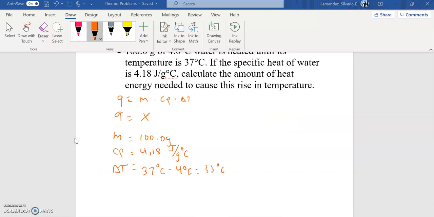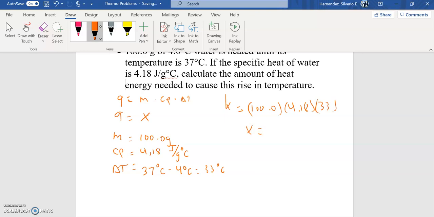Okay, so this one I kind of already set it up since we've already worked out two problems, just to make it a little bit faster. Again, I'm looking for the amount of energy. So I've already got all the variables set up and written out. So X is equal to 100 times 4.18 times 33.